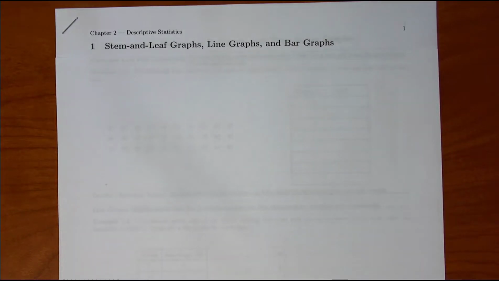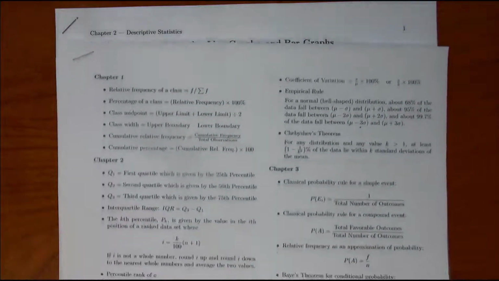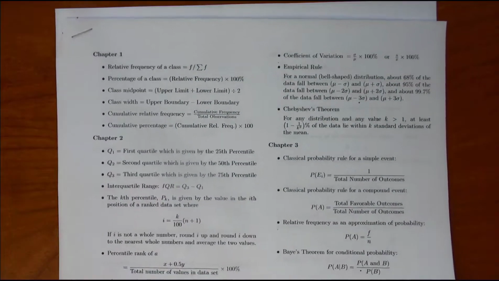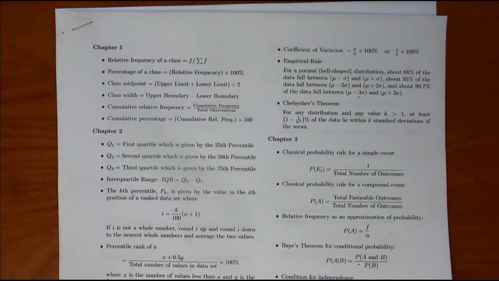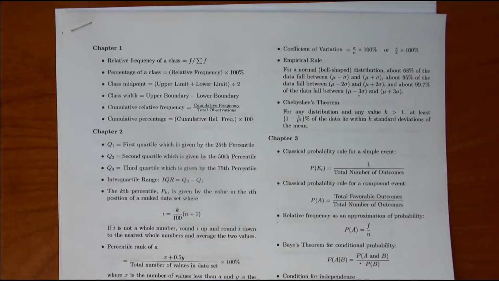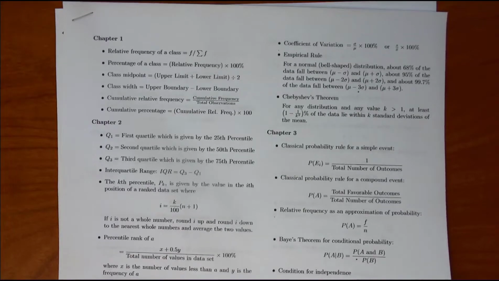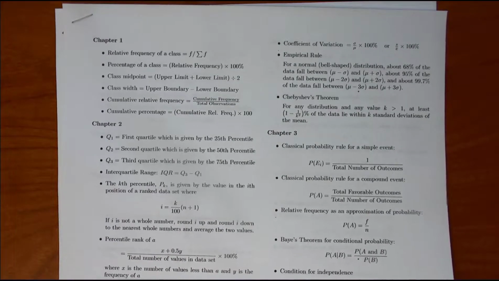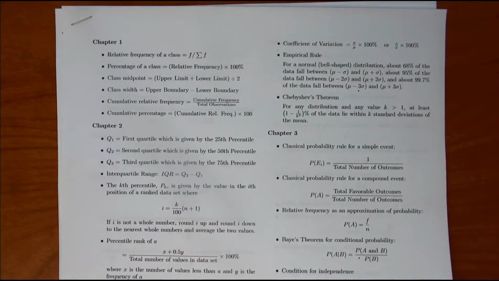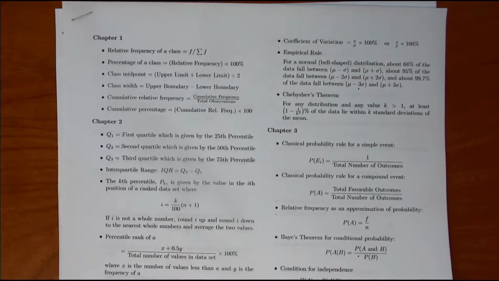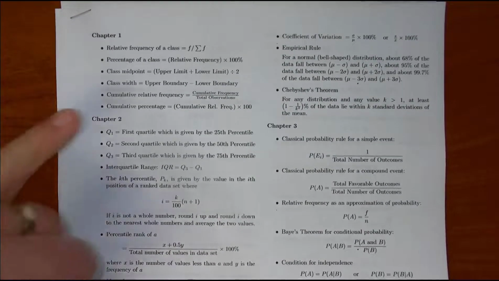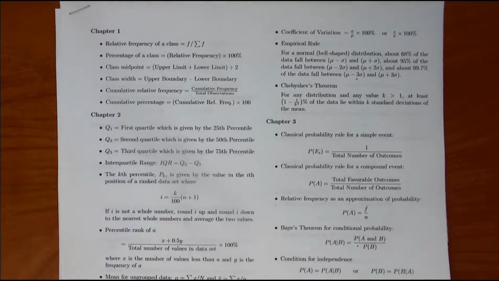Also, in that same folder, there is a key formula sheet. This page right here, it's 2 pages actually. That's in the same folder, the Guided Notes folder. We will start to accumulate a pretty good number of formulas here in Chapter 2. There were a couple in Chapter 1, but not many.